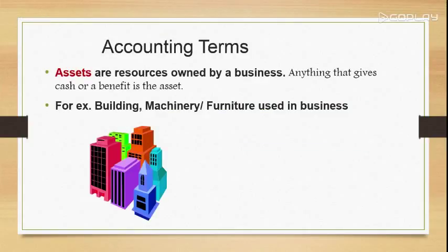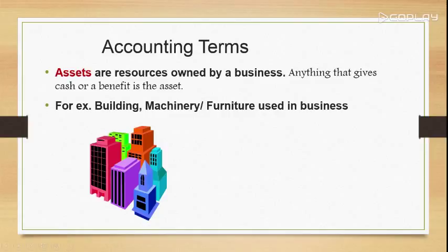Now let us look at assets. Assets are the resources a business owns, or we can say that assets are the benefit business gets. It can be in the form of cash or any other benefit which business gets.